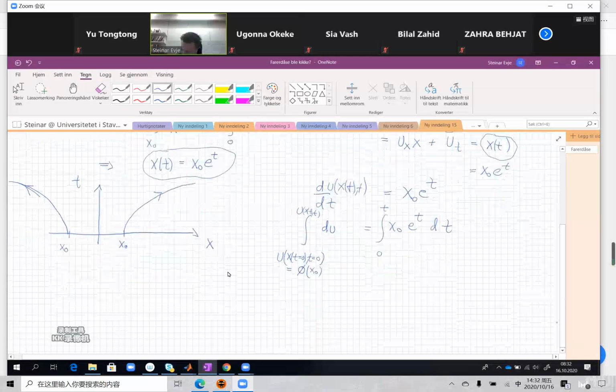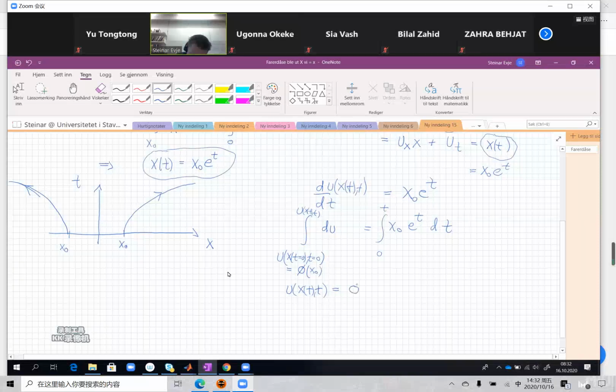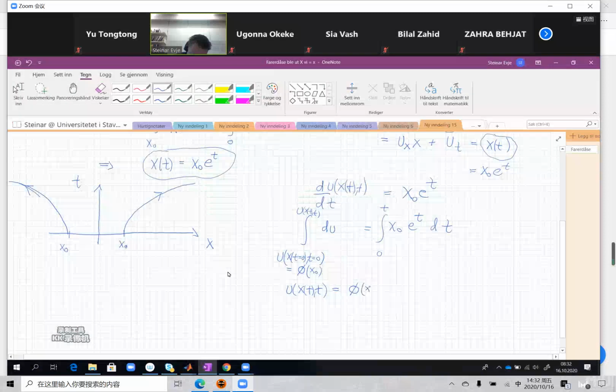And what comes out of this is u of x of t is equal to the initial state phi of x0 plus.